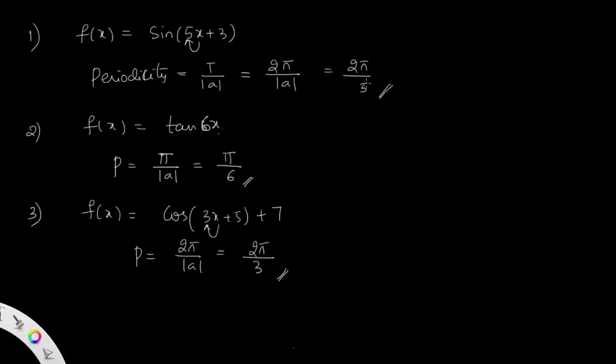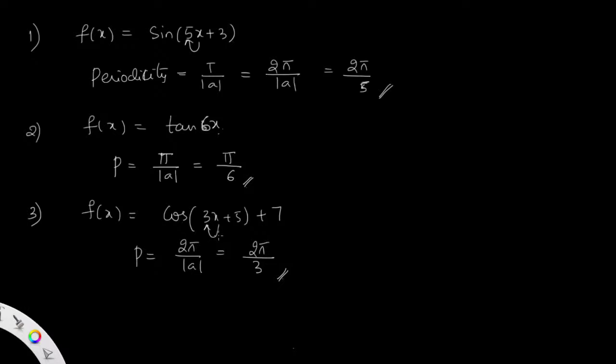It is in the form of cos of ax plus b, and the period does not depend on the constant. We only take the x coefficient. The periodicity depends only on the value of the x coefficient.